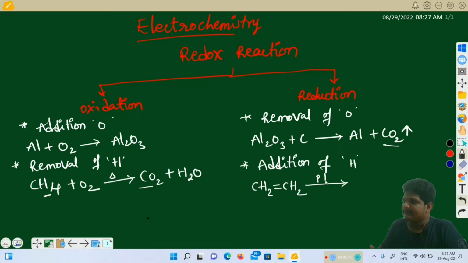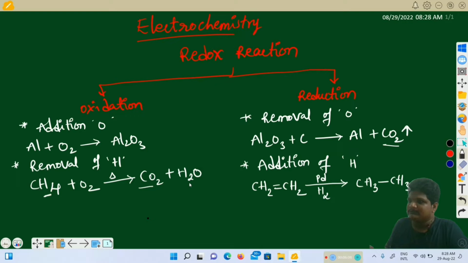Ethylene in the presence of palladium undergoes a hydrogenation reaction. Here we are adding H2 to this ethylene, and we get an alkane, that is ethane. We are adding hydrogen to this alkene, so it is a reduction reaction. So we know these two kinds of definitions from earlier.